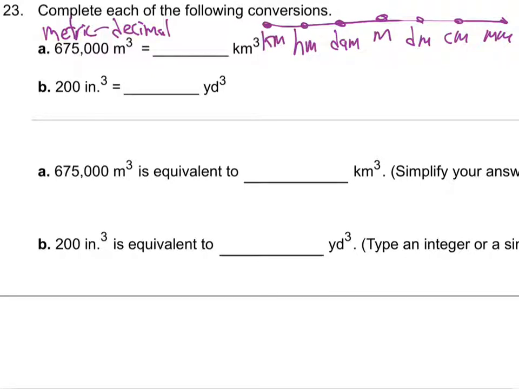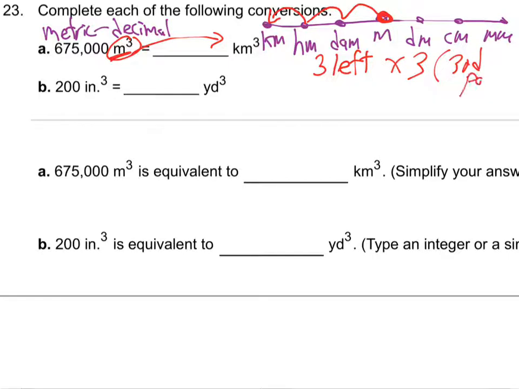Okay, so where are we going here? We're going from cubic meters to cubic kilometers. So from meters back to kilometers, 1, 2, 3 jumps to the left, times 3 because of the third power. Right? If it's third power, you multiply by 3.